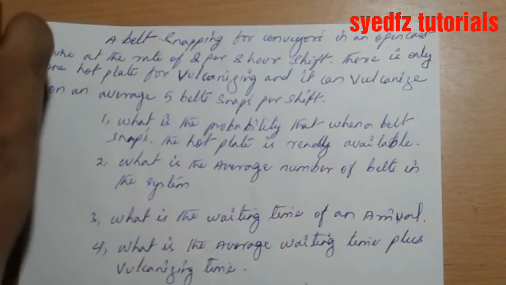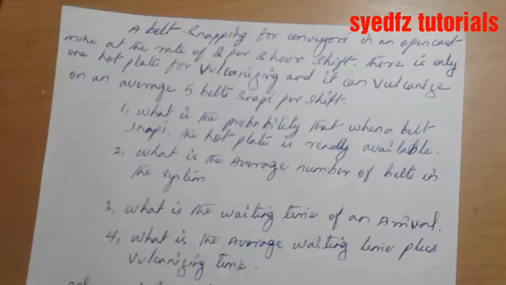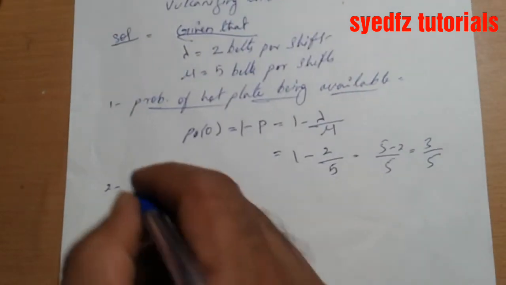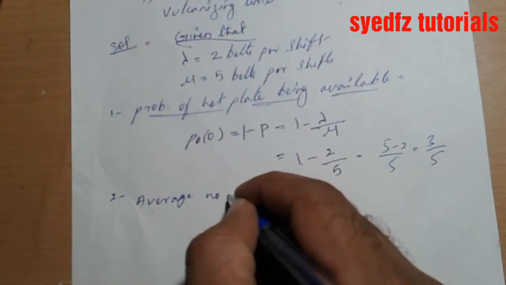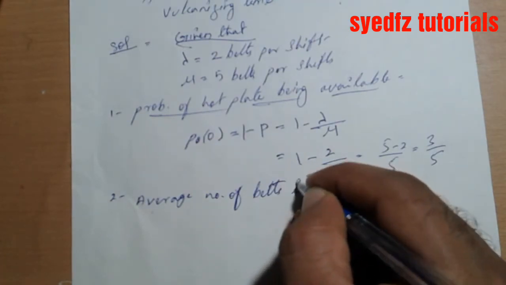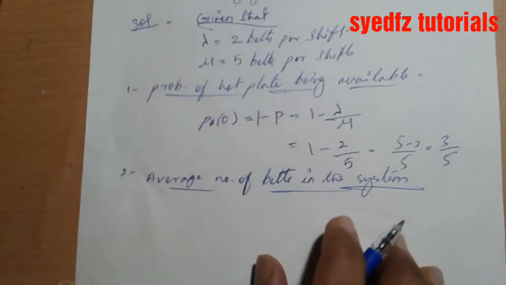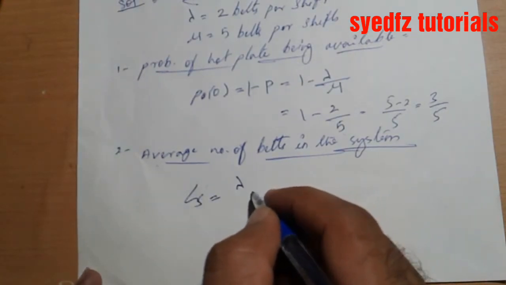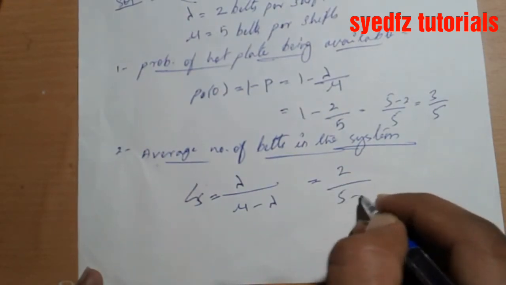The first formula is the average number of units in the system: lambda divided by mu minus lambda. Lambda is 2, mu is 5, minus lambda 2.